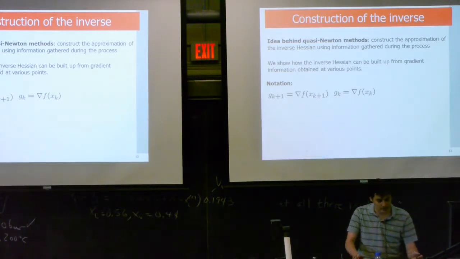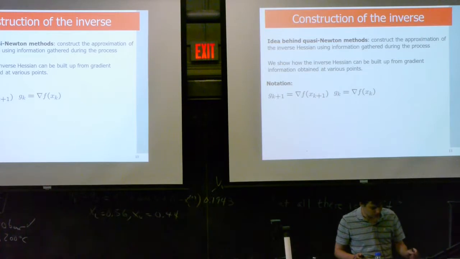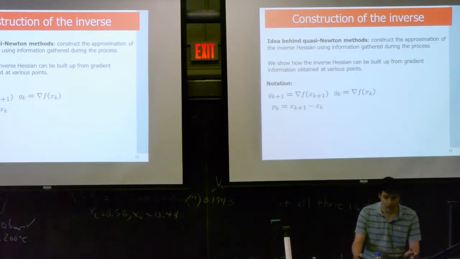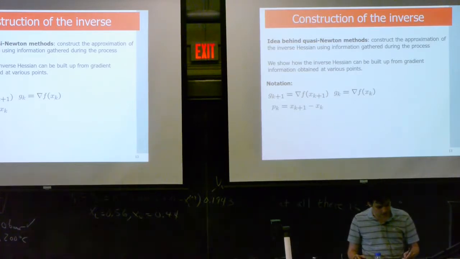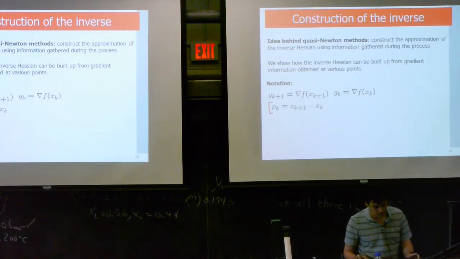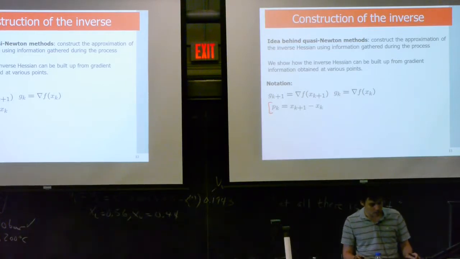So for the gradient, we use again this expression g. So g_{k+1} is the gradient at x_{k+1}, g_k is the gradient at x_k. And we will have a new notation. p_k is how much we move from x_k to x_{k+1}.